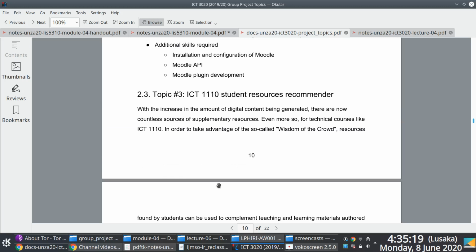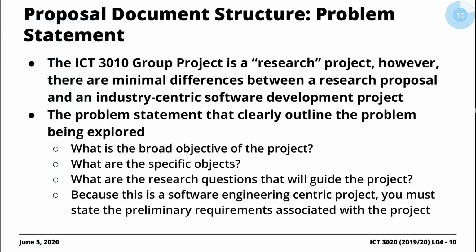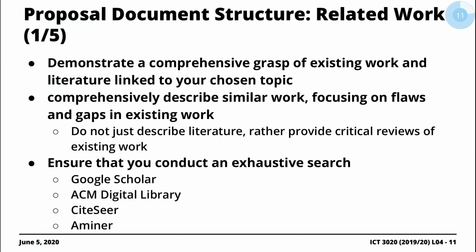The requirements engineering process that you're going to work towards is essentially just going to be refining what is here, right? Confirming and maybe to some extent excluding some things that would be relevant, right? So as part of this problem statement, you probably want to include details of the preliminary set of requirements associated with your chosen topic.